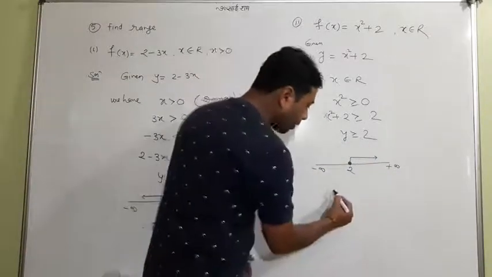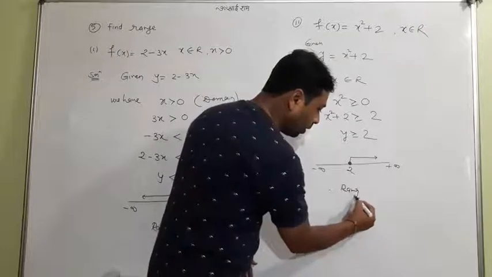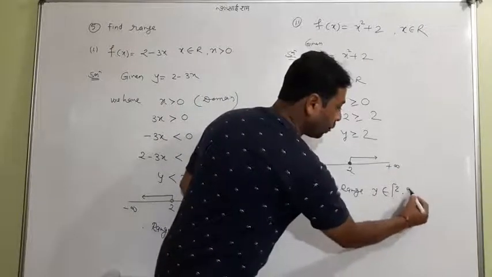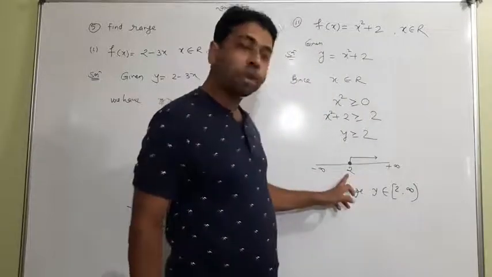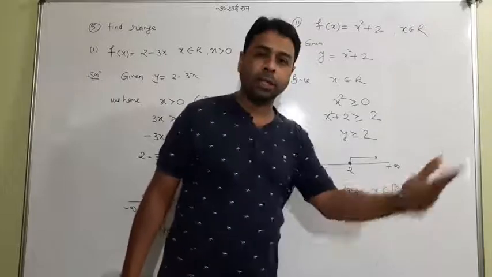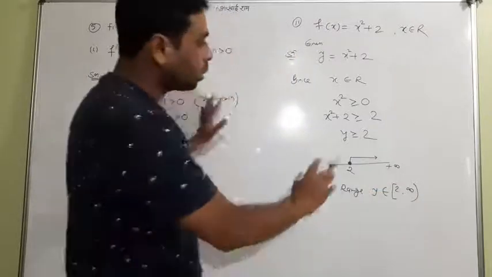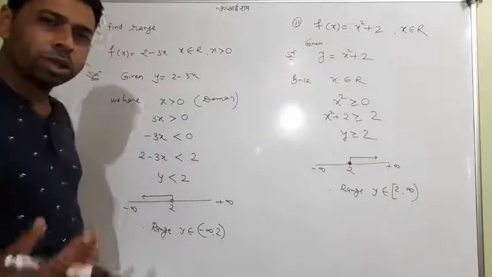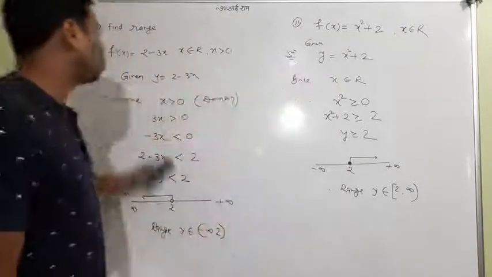And the whole answer is a range. So what is the range answer? Range is y belongs to 2 to infinity. 2 has a dark bubble, so I used the closed bracket, and near infinity it is always the open bracket. So this is the whole answer. This was very simple. The third question is on you. It is very easy. I think you can make it on your own.